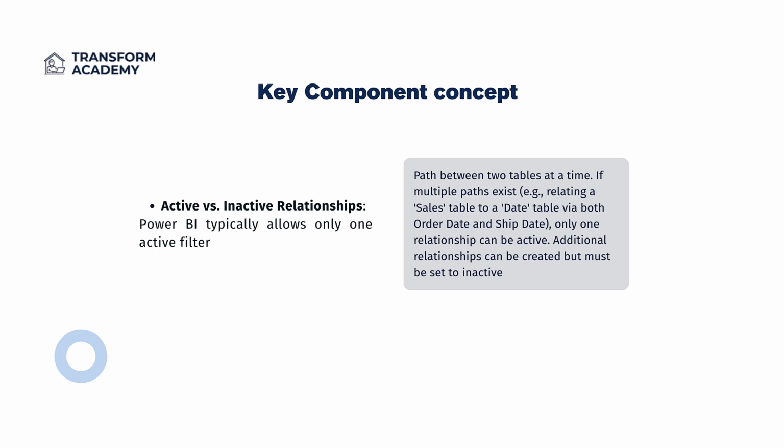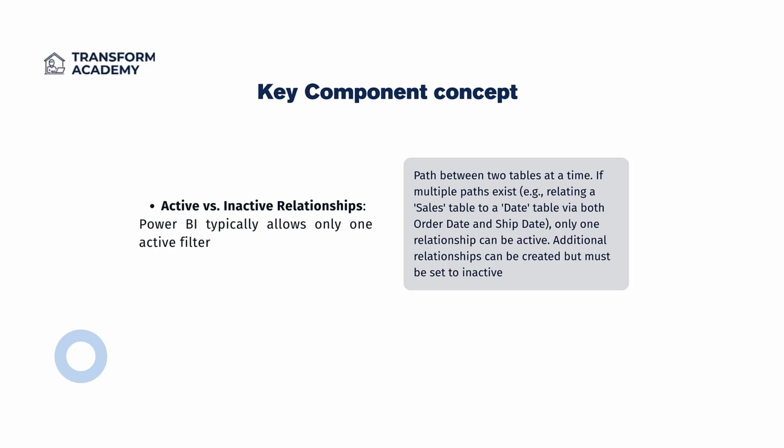Additional relationships can be created but must be set to inactive. Inactive relationships don't propagate filters by default but can be specifically activated within DAX measures using the USERELATIONSHIP function.